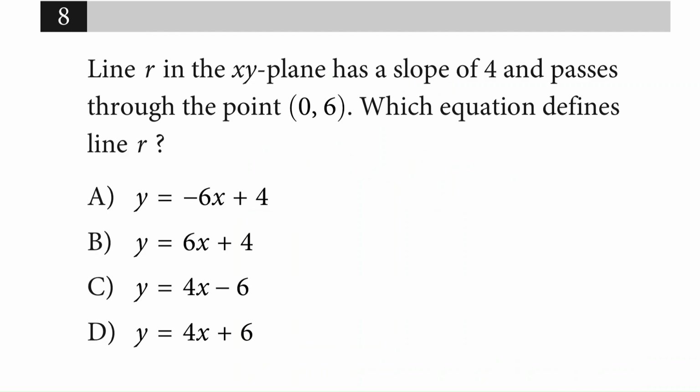Line R in the xy plane has a slope of 4 and passes through the point 0, 6. Which equation defines line R? Because we're looking at a line here, this is going to be in the format y equals mx plus b. M is the slope and b is the y-intercept. What's nice here is that they also give you the y-intercept, but they don't exactly tell you that.